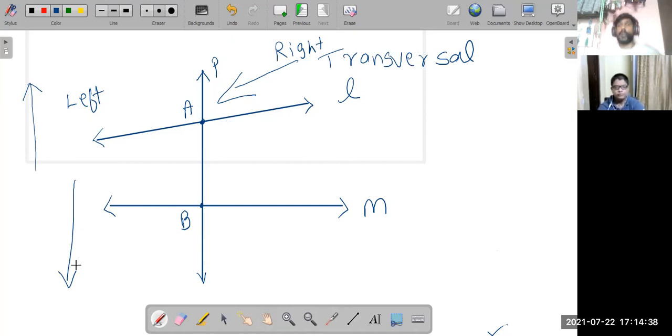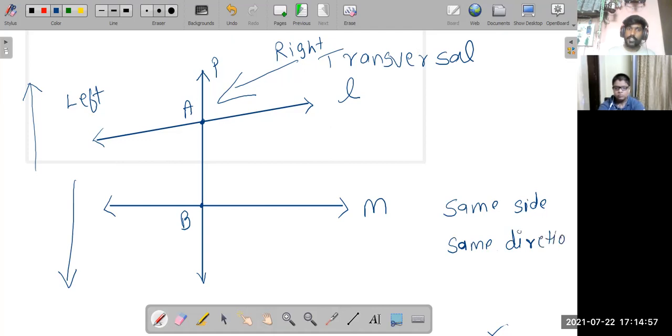Now, corresponding angles are those angles which are on the same side and which have the same direction. Now look at the figure.